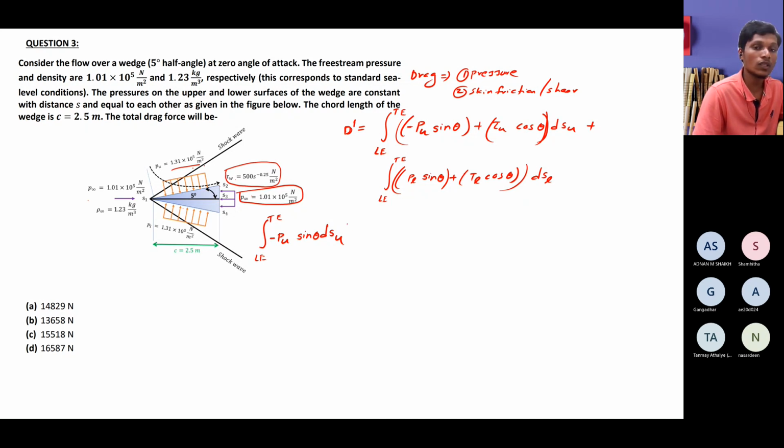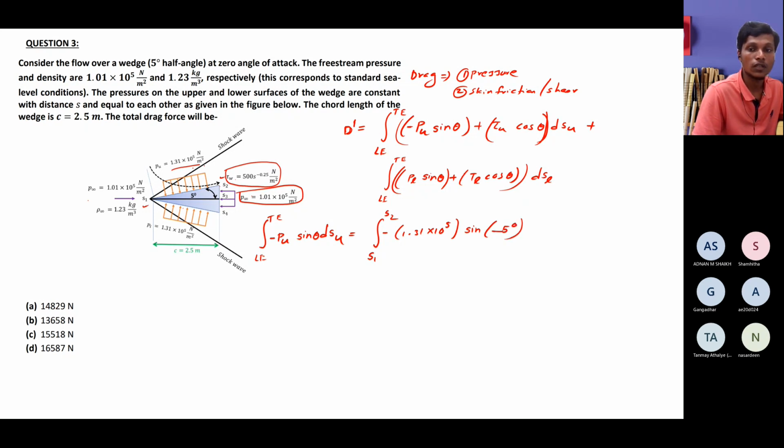You can write that as the integral from s1 to s2. That means I'm integrating from this part to this part. Integral s1 to s2 of minus 1.31 times 10 to the power 5, this is the amount of pressure, times sine of minus 5 degrees.